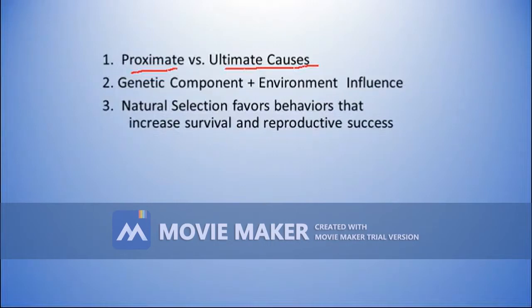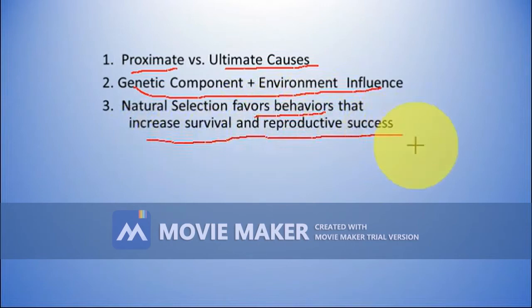So it covers both the genetic component as well as environmental influence, and together these two components favor modulation or exhibition of behavior that increases survival and reproductive success of an organism.